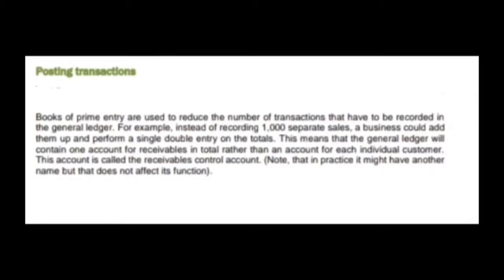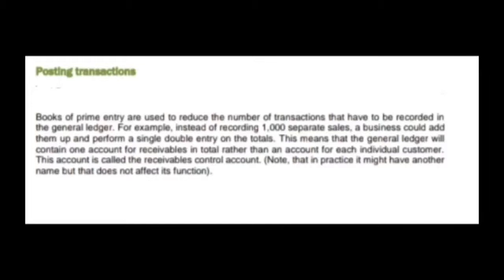Posting transactions. What does it mean by posting the transaction? That means that whatever you have recorded into the books of prime entries, you will post the same transactions into the journal ledger. Now, there are thousands of transactions, so you cannot record the individual transactions into the journal ledger, so that you may have less paperwork and have to toil less. So all you have to do is post the transactions to the journal ledger.